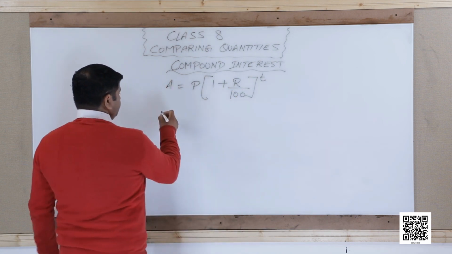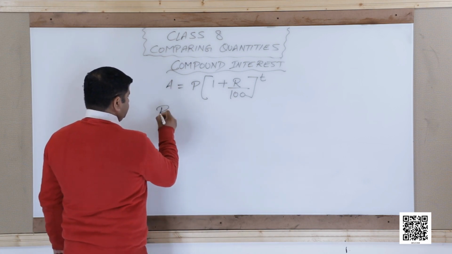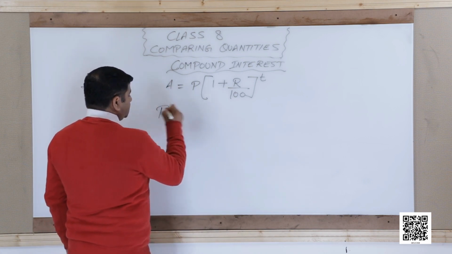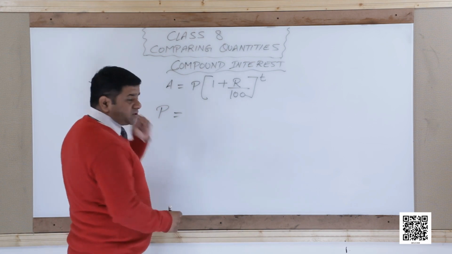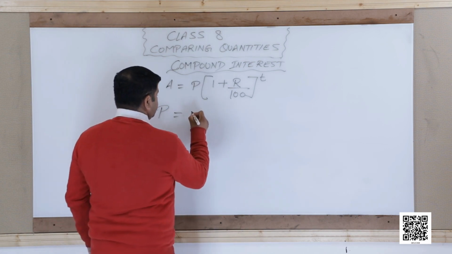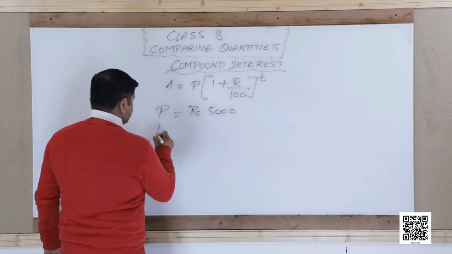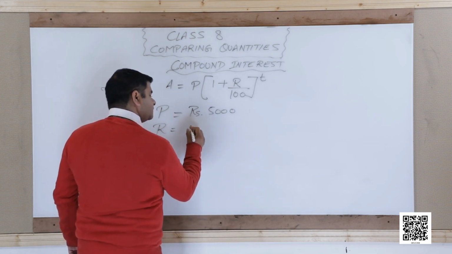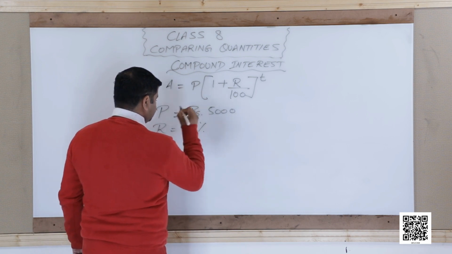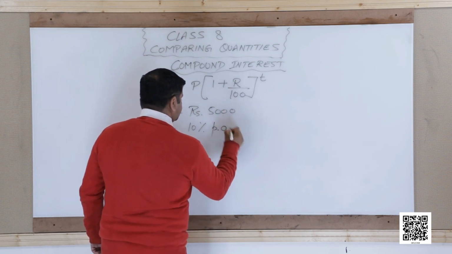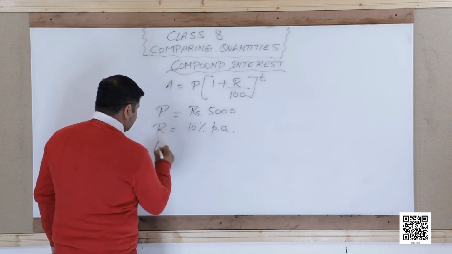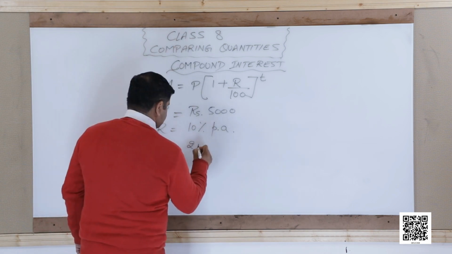Now suppose Ravi deposited say rupees 5,000 in a bank at a rate of say 10% per annum, and the time T is 2 years.